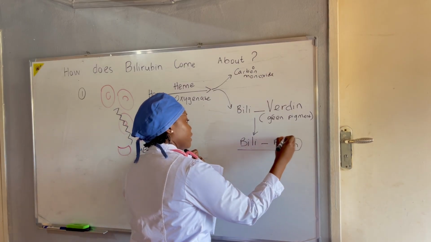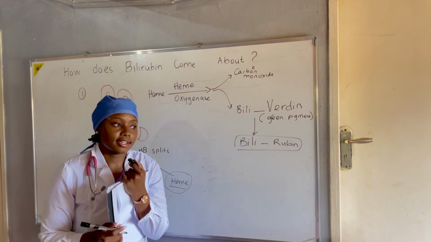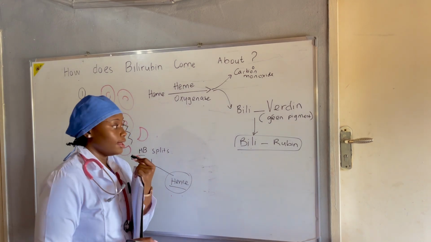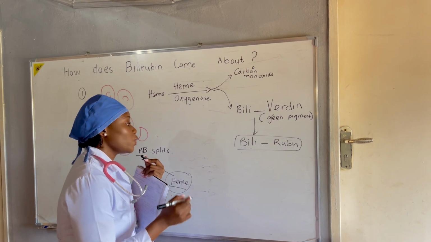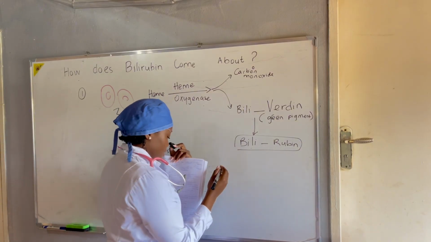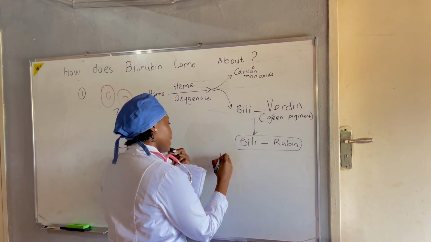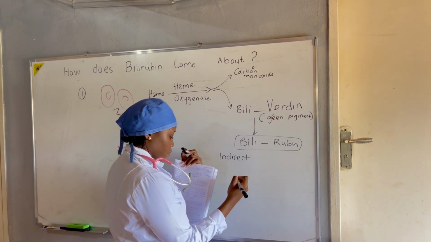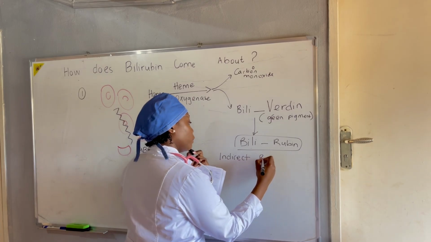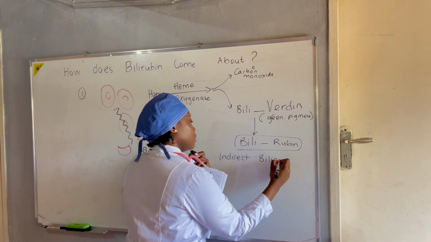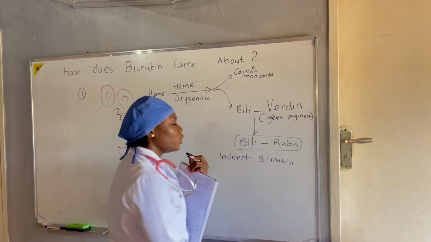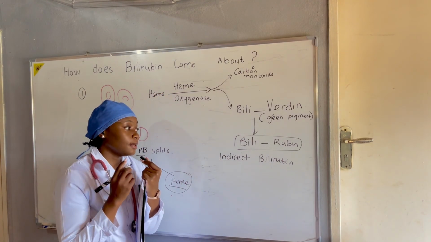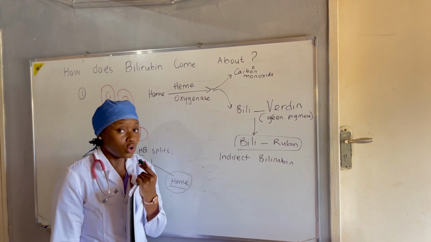This bilirubin, the issue with it is that it's outside of the liver. And this is what we call the indirect bilirubin. Why do we call it indirect bilirubin? It is because at this point, the bilirubin has not been conjugated.